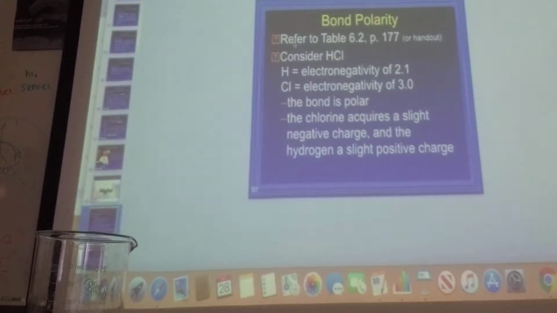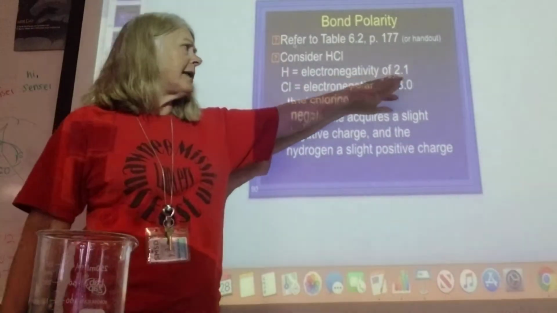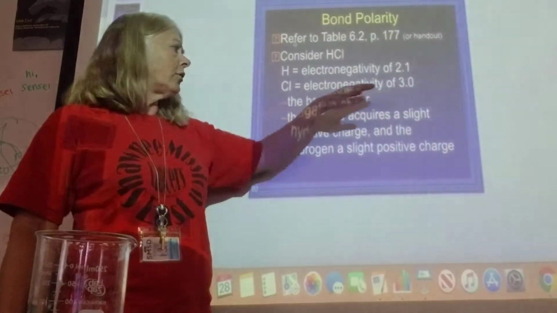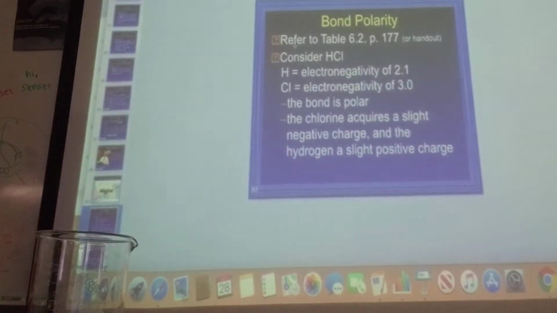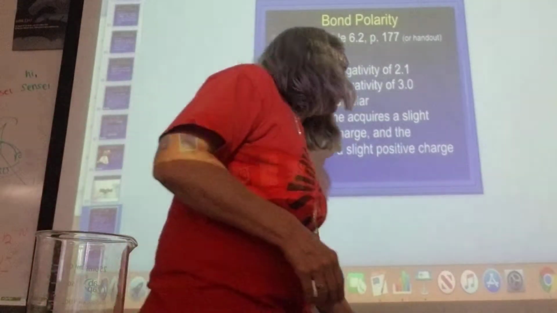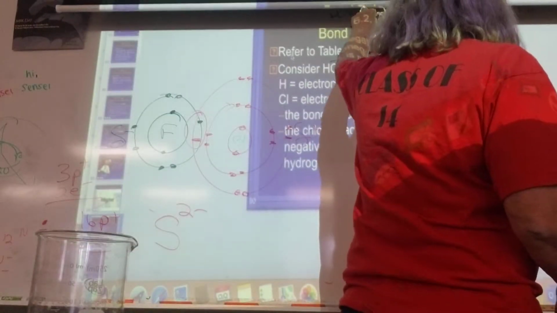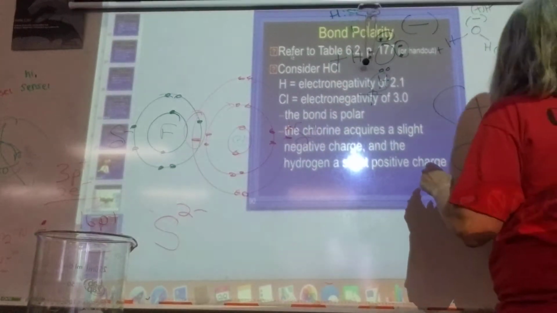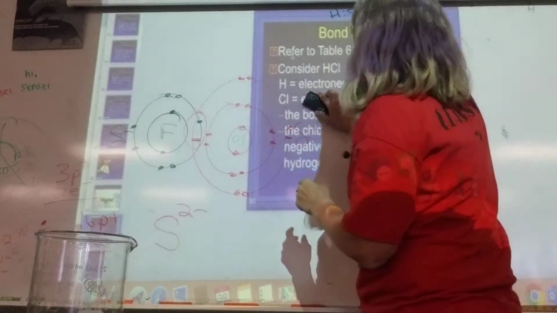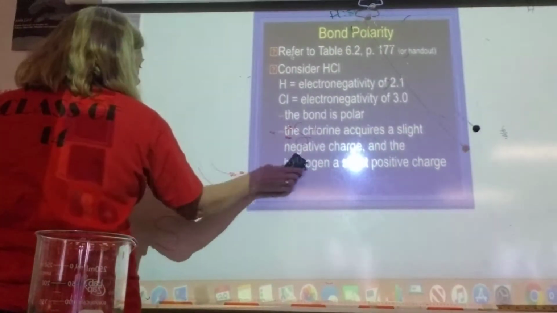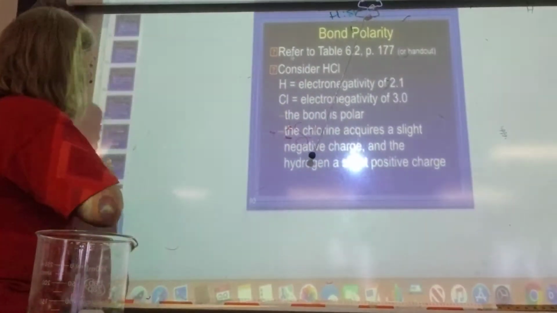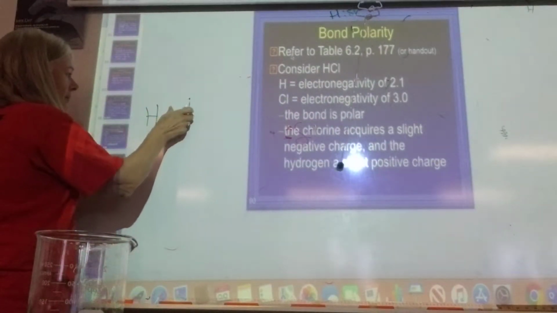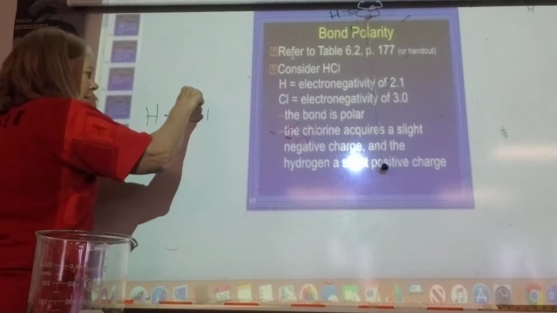So let's consider HCl. H has an electronegativity of 2.1. Chlorine has an electronegativity of 3.0. So if I have an H and a Cl share, they are not going to share equally. Do you agree with that? And this will be on our next slides as well, but I'm going to put this up here too. H, I'm going to make a bond like this, and Cl.